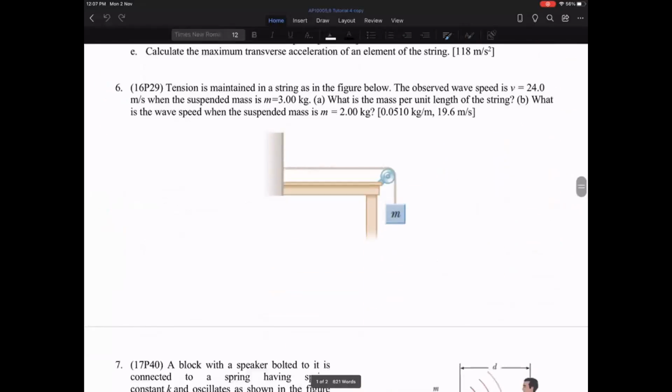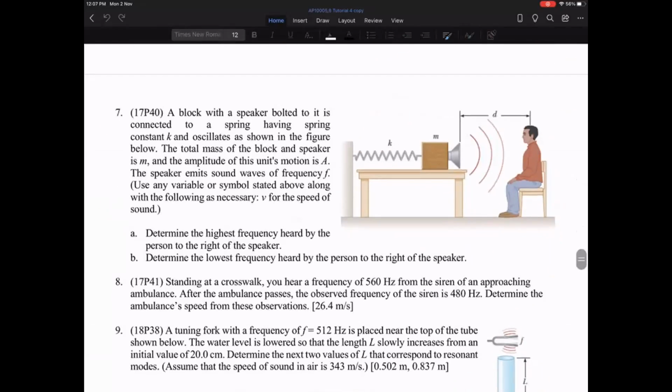And let's take a look at question number 7. So here you would be combining the simple harmonic motion with the Doppler effect. And the situation, of course, is a very artificial one. I don't think you will have it in your daily life.